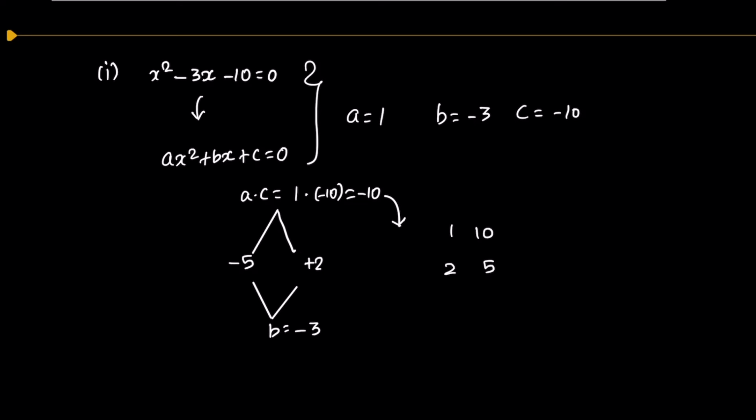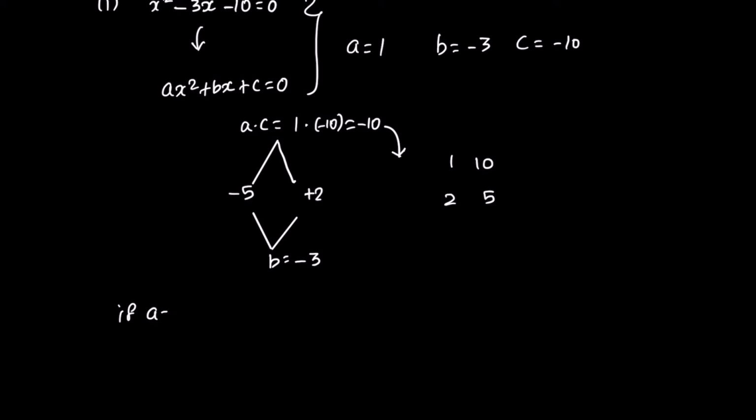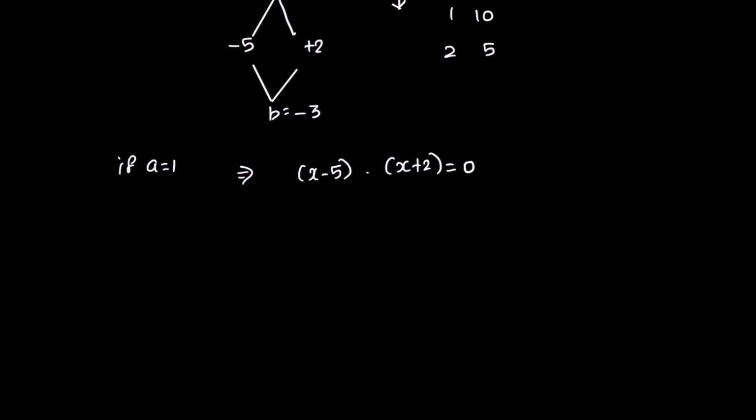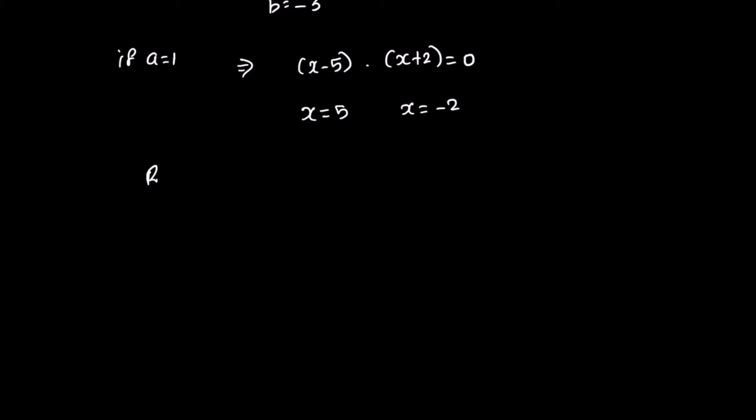If a is equal to 1, we can write directly x minus 5 and x plus 2 is equal to 0. So these are the factors. Then the value of x is equal to 5 and x is equal to minus 2. So the roots are 5 comma minus 2.